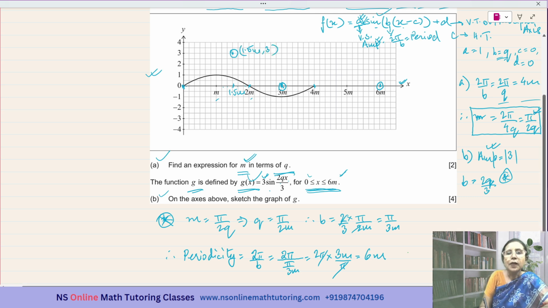And then I have to get another point between 3m and 6m. Half of it is 4.5m, right? You just add 3m plus 6m, it is 9m divided by 2, which gives you 4.5m. Similarly, for this, 0 plus 3m is 3m divided by 2 is 1.5m. So 4.5m, and between 4 and 5 there are 6 subdivisions, so 1, 2, 3.